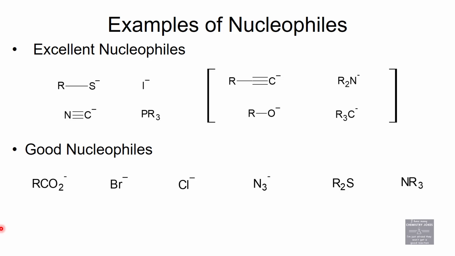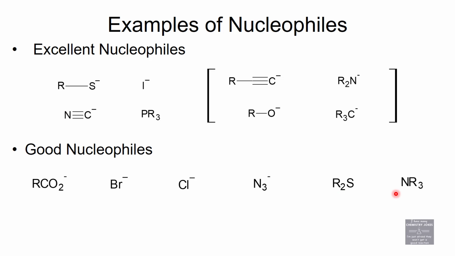In order to be a good nucleophile, you need to be capable of sharing electrons. All of these things are capable of donating and sharing electrons. These things in brackets are capable of donating to a carbon, but they're also very good at plucking hydrogens, as in the 4 that are in the brackets are also considered strong bases.